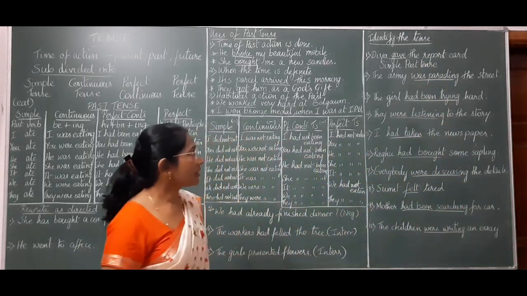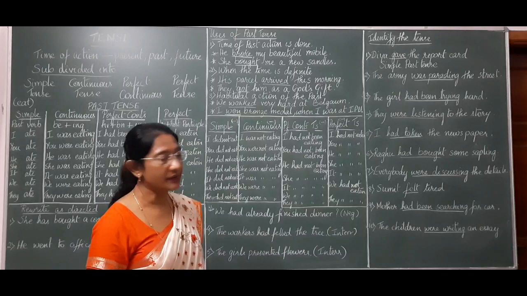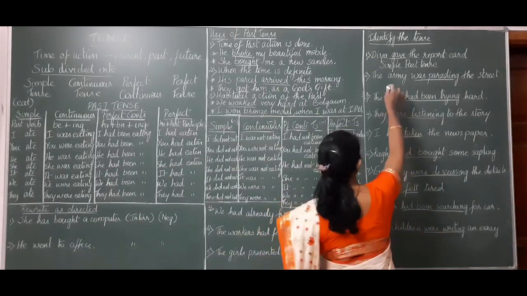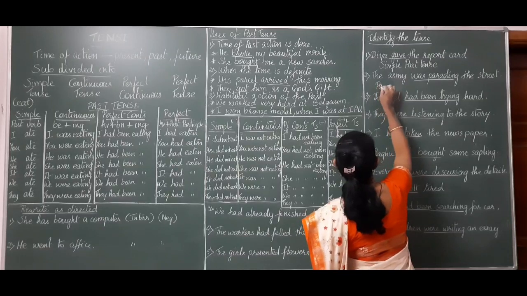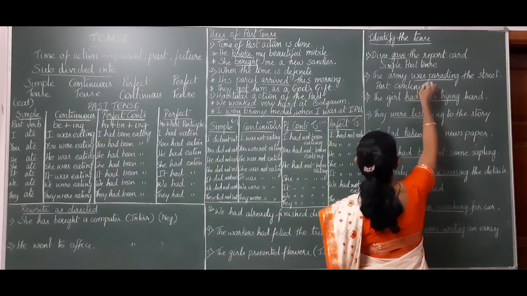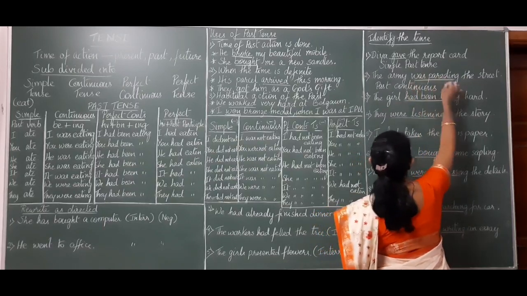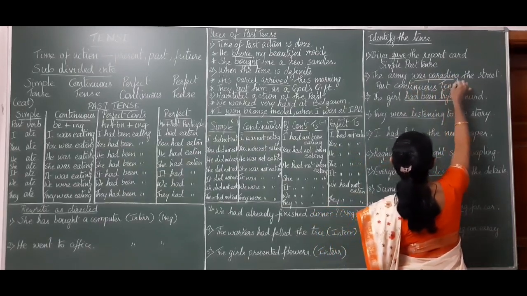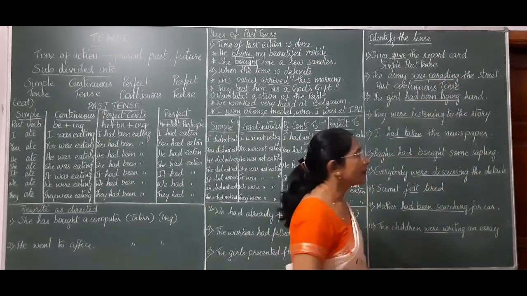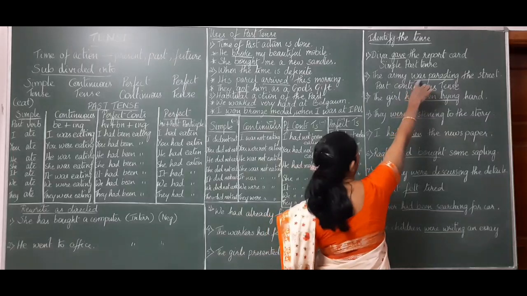Next one, the army was parading the street. Was parading tells about the continuous tense. So it is a past continuous tense, where past tense is denoted by the past be verb was.